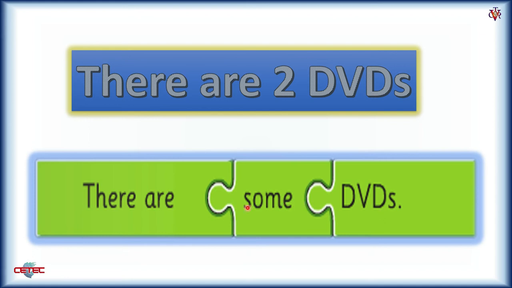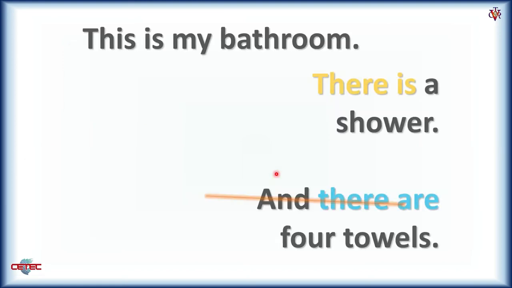In some occasions, if you have time or if you want to count them, you are able to use a number, or you can mention the word some. There are two DVDs, there are some DVDs. So in the first sentence, it was easy to count. And the second one would be a little complicated. So people do it the easy way.